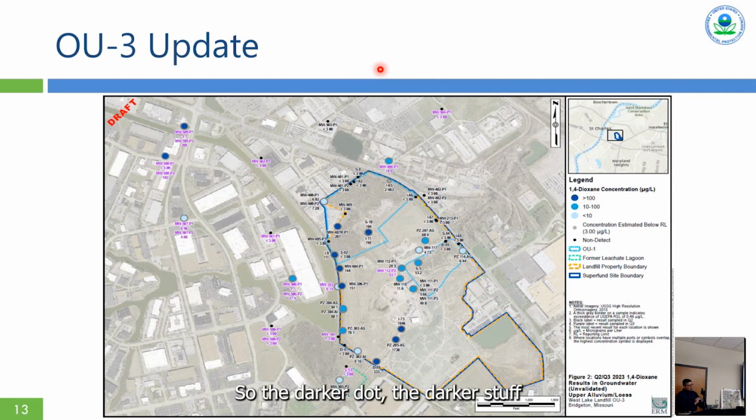The darkest dots that you see, the dark blue, are the highest concentrations. They represent more than 100 micrograms per liter of 1,4-dioxane. And then the lightest color blue is less than 10 micrograms per liter. And then the intermediate size circles are in between the big ones and the small ones.